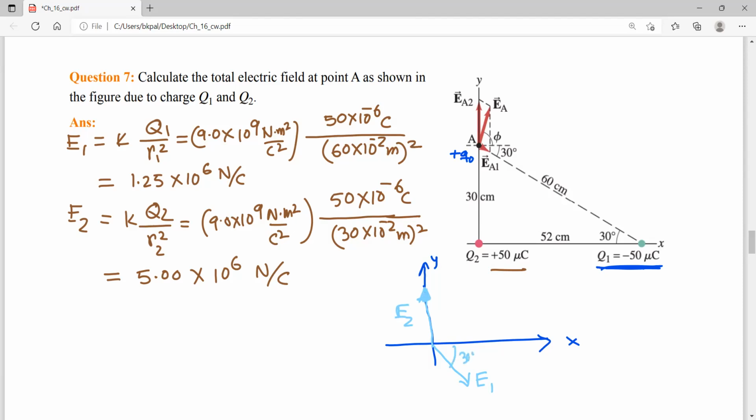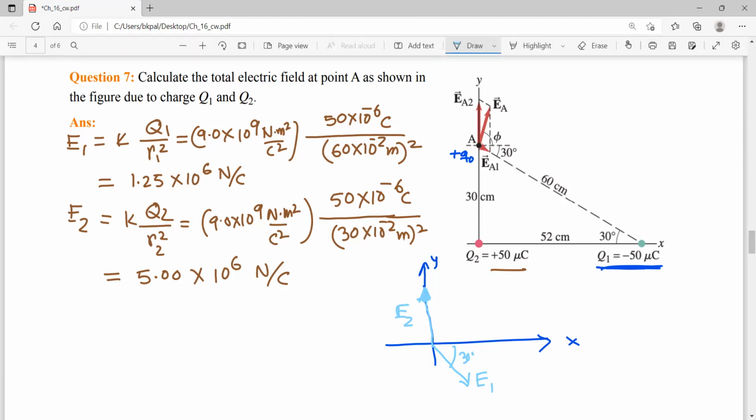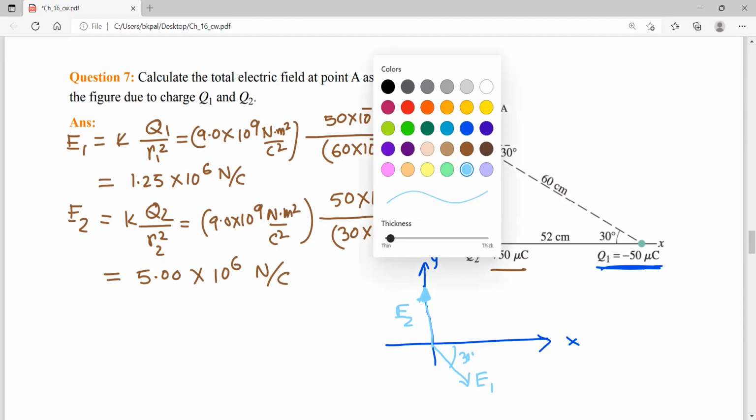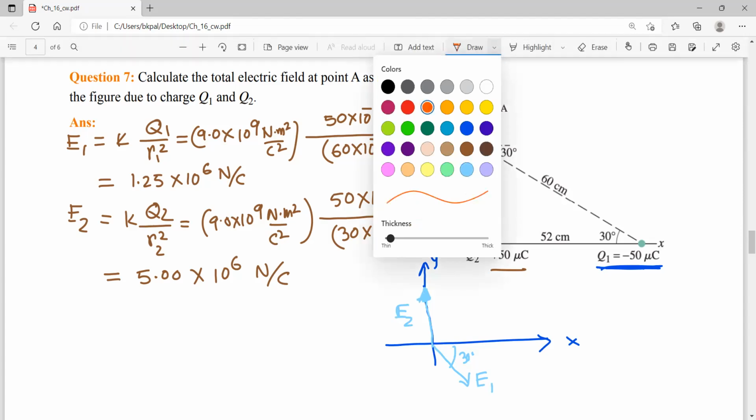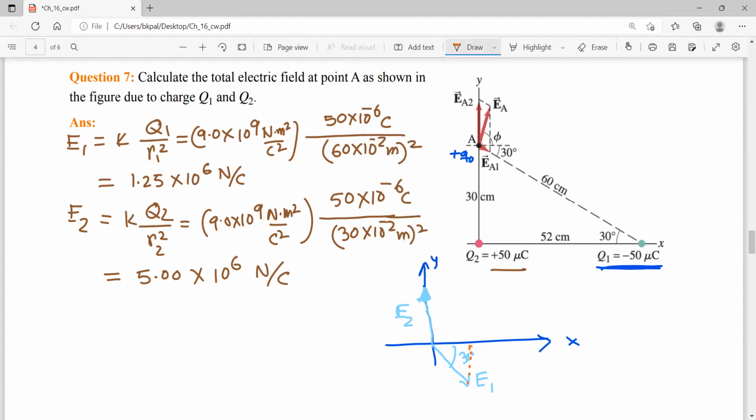Now you see that E2 is only along the y-axis, but E1 is along neither the x nor y, so we have to break it, similar to the last problem, number 4. If you break it, this will be your y component and this will be your x component, E1x and E1y.